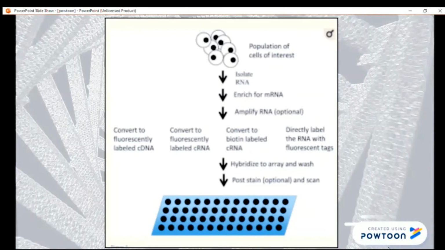It will be amplified, which is an optional step, and then converted to the two frequent forms that I stated earlier, which is the fluorescently labeled cDNA or cRNA, and then biotin labeled cRNA, or directly labeled with RNA fluorescent tags. It will undergo hybridization to the array and washing, and then a staining process to be scanned for gene expression. That's all.